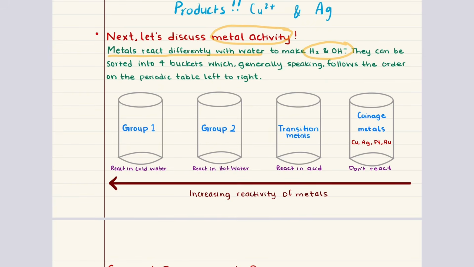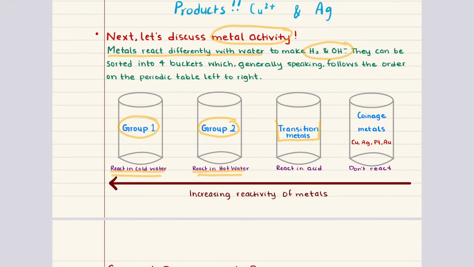The most active metals, like sodium and potassium in group 1, are so strongly reducing that they can react even with cold water. Slightly less active metals like magnesium or calcium in group 2 still lose electrons readily, but not quite enough to react with cold water. They need additional energy in the form of hot water or steam.